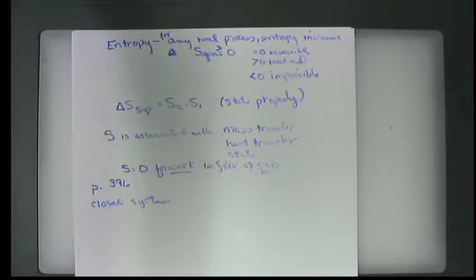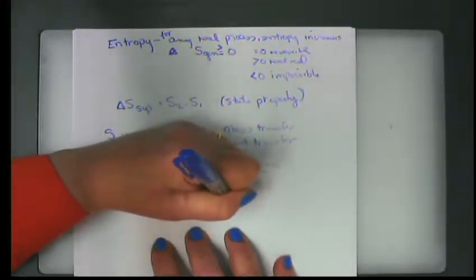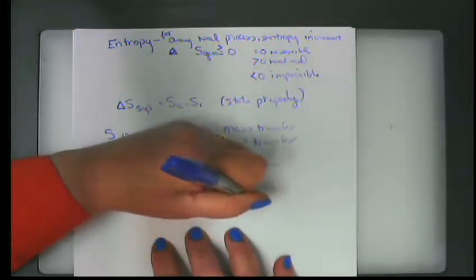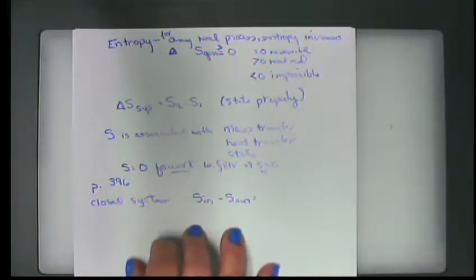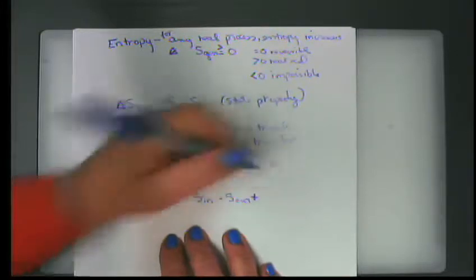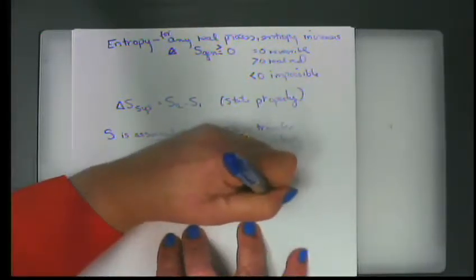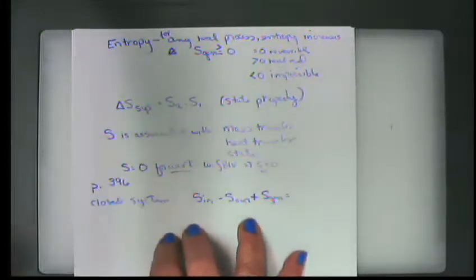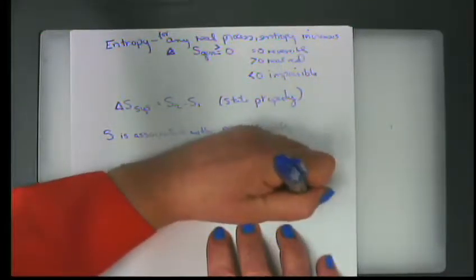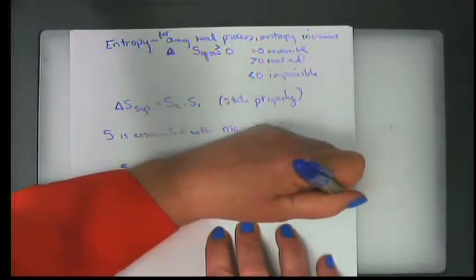And the way that they write it here for a closed system is that the entropy that goes into the system minus the entropy that goes out of the system, plus the entropy generated by the process, is going to equal the change in entropy of the system.